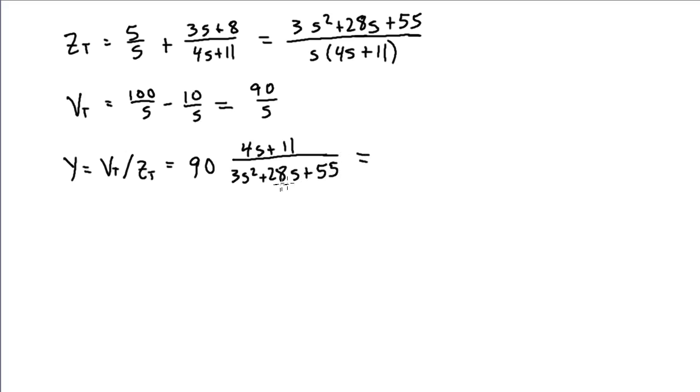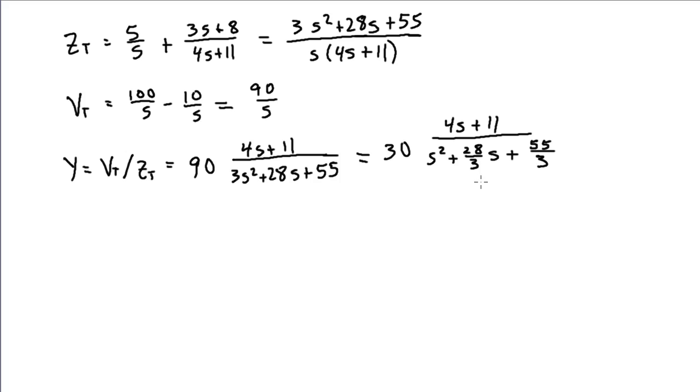And before I do a partial fraction expansion, I want to make sure that the leading coefficient on my highest order term in my denominator is 1, so I'm going to factor out that 3. That'll give me a 30 in front, 4s plus 11, then I'll have s squared plus 28 over 3 times s plus 55 over 3. You can factor this out.